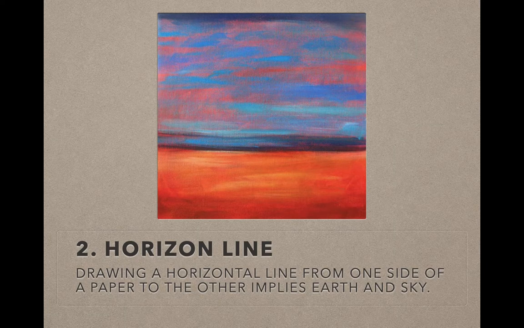Horizon line. As soon as you draw a horizontal line from one side of a paper to the other side, the mind perceives earth below and sky above, even when the image is quite abstract like this one.